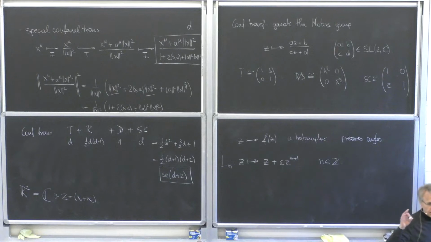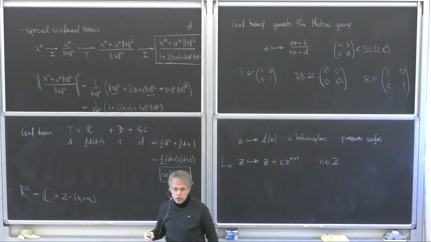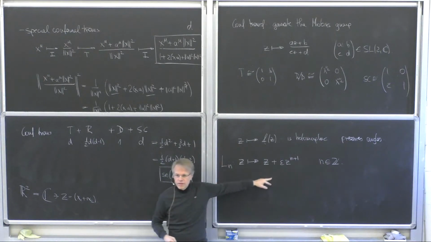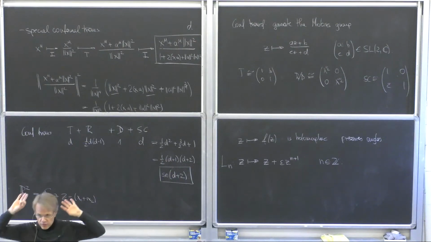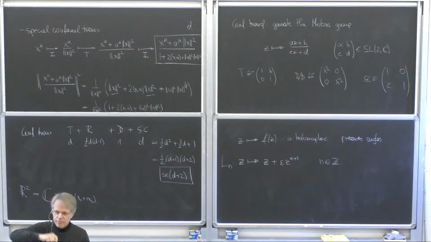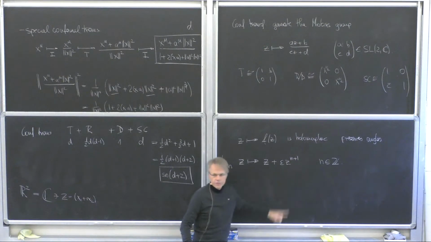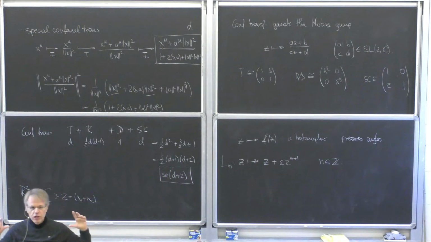Now, obviously, you have to be a little bit careful, and that's the reason why the Möbius group will continue to play an important role: these things will have poles somewhere. The function z goes to z to the n plus 1 is not holomorphic on the entire Riemann sphere. It has a pole at infinity. Or if I take n to be negative, it'll have a pole at 0. So these are locally defined conformal transformations, not globally defined.